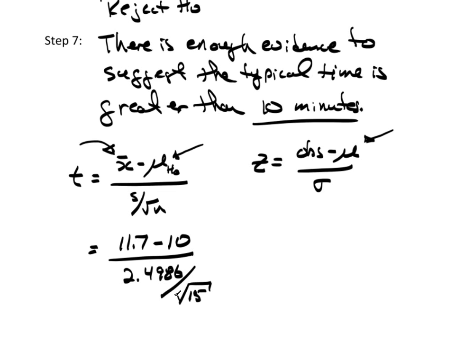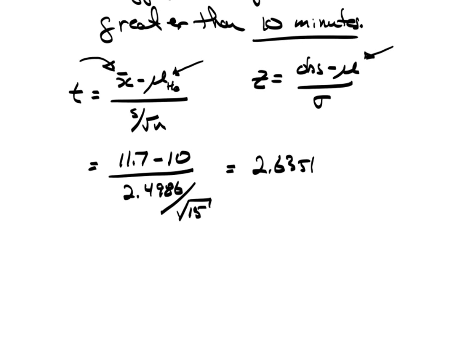Now, we think of this just like a z-score, because essentially it is. It's just, rather than sigma, we're using s. So this value turned out to be, as we said, 2.6351.